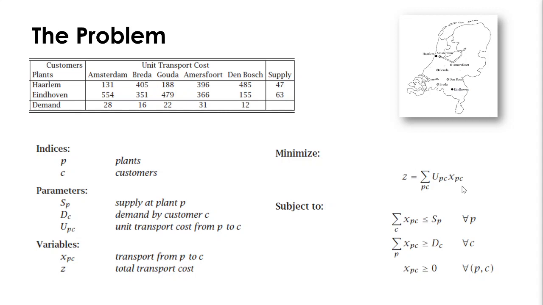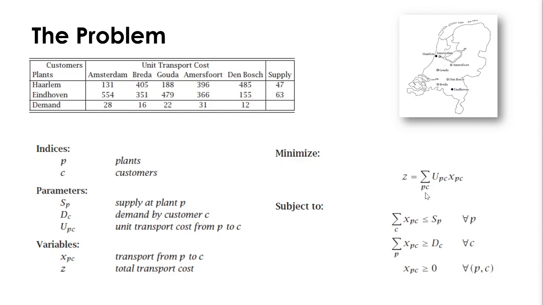So if we do that product for every possible pair plant customer, which represents the shipping from that plant to that customer, and we sum all those terms, what we get is the total cost, which is formulated in this expression here in a compact manner.